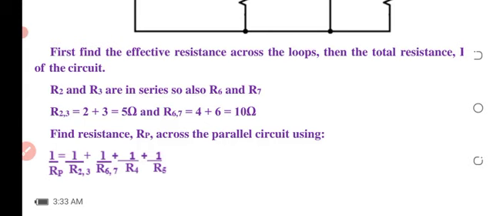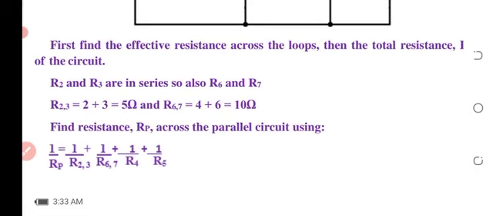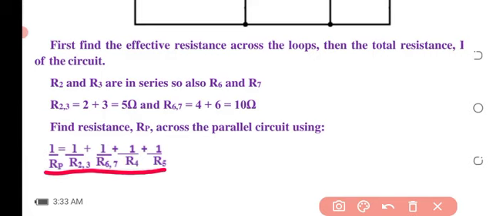Now, for the resistance across R2 and R3, we have this, and for the resistance across R6 and R7, we have this, and this R2, 3 and R6, 7, they are parallel to resistance R4 and R5. That is why we use the formula for solving for equivalent resistance in parallel here.